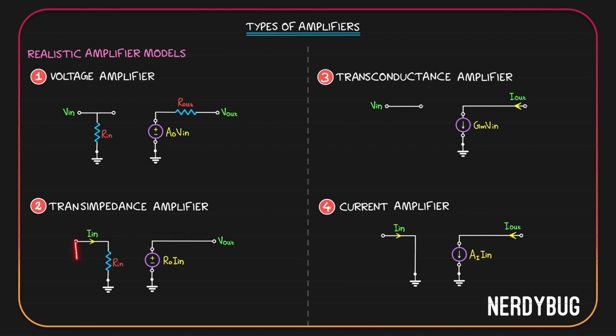I'll connect a potential Vx over here, find its relation with the current Ix flowing over here. Ix will flow through R in. So clearly Vx by Ix will be Rin. We have an input impedance that is non-zero. This is the correct way. On the output side, it is again a voltage source. So whatever we did here will apply there also. Let's add an output impedance over here.